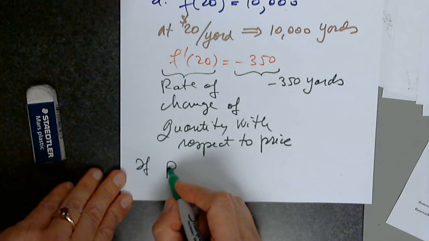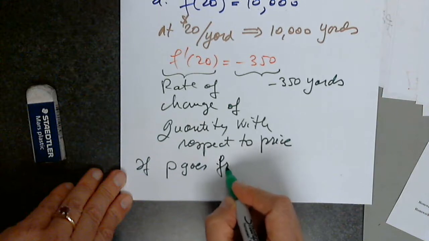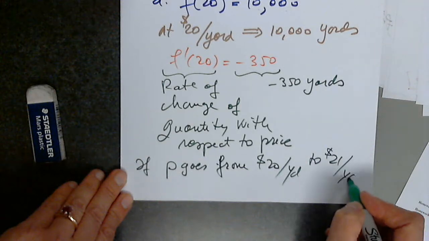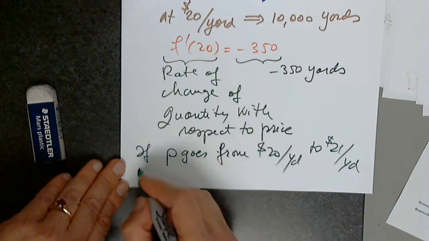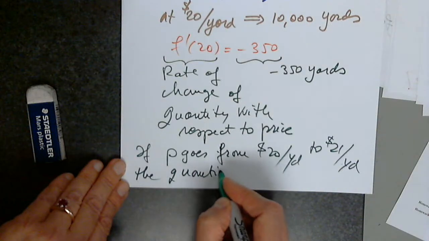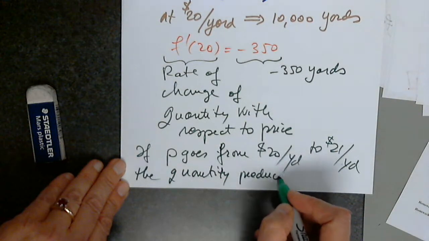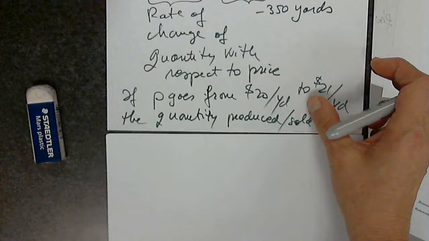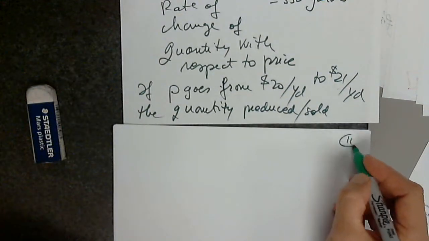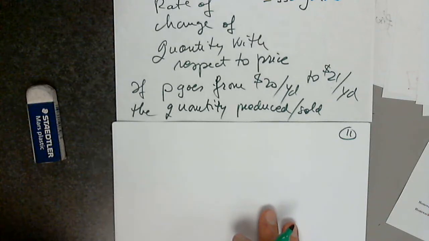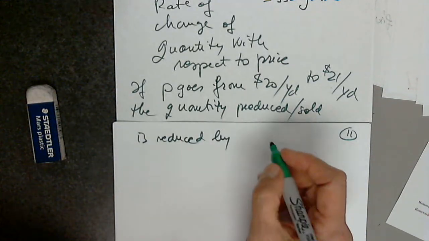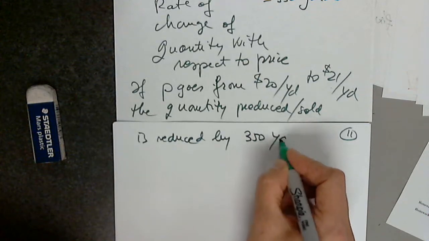If P goes from 20 per yard to 21 per yard, the quantity produced, sold, like the demand, if you want, decreases by, changes by, is reduced by 350 yards.